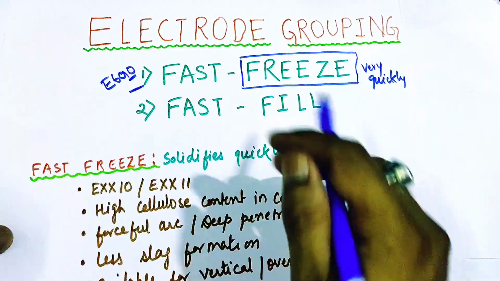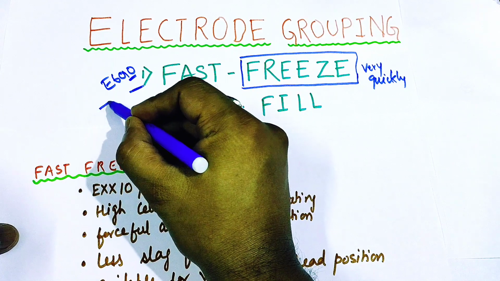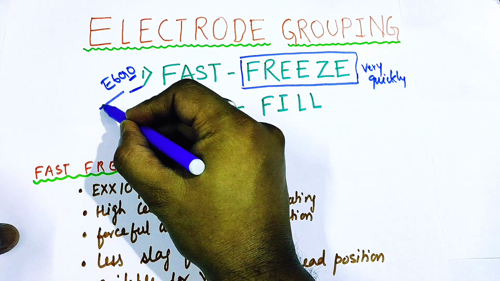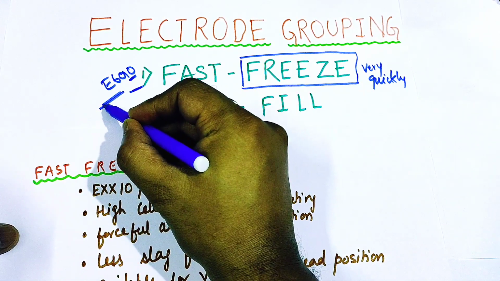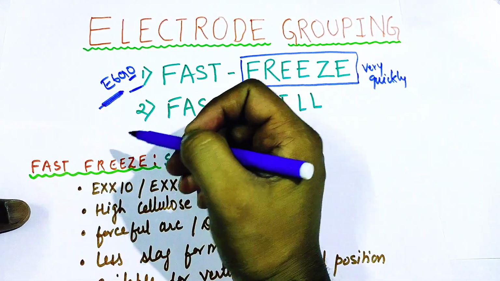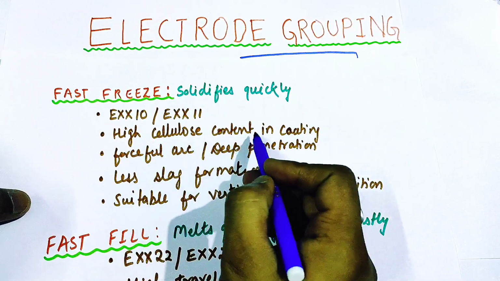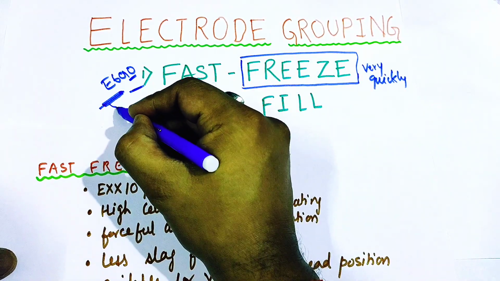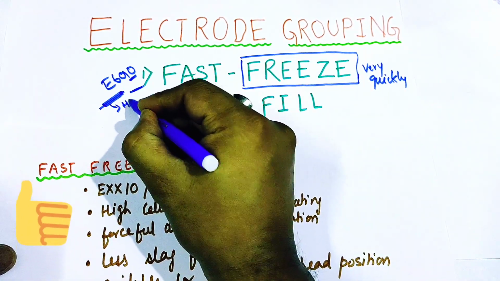So as you know, the carbon steel electrodes have the core wire and it gets covered with the flux like this. So in fast freeze electrodes we have high cellulose content, means the flux or the coating of the electrode has high cellulose.